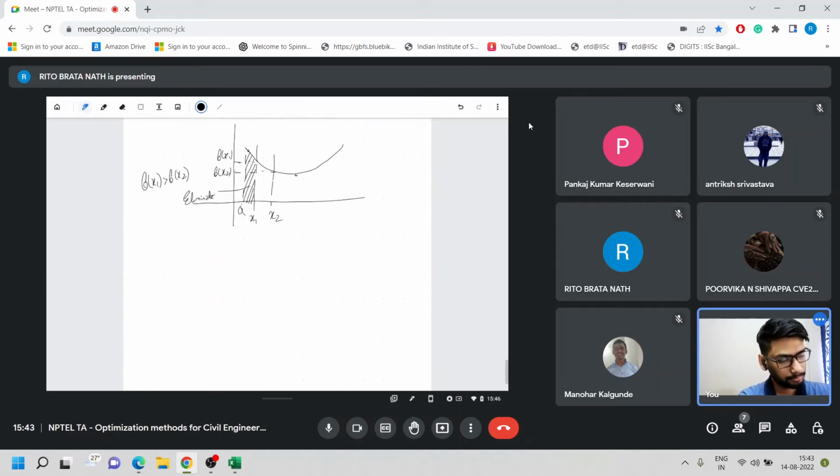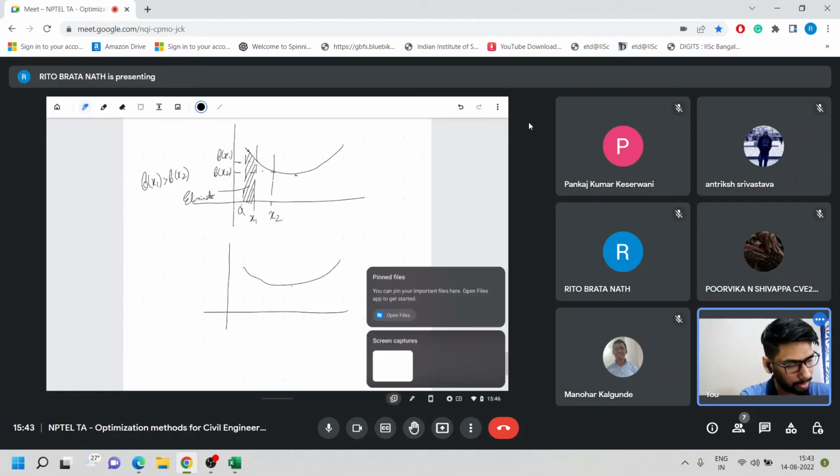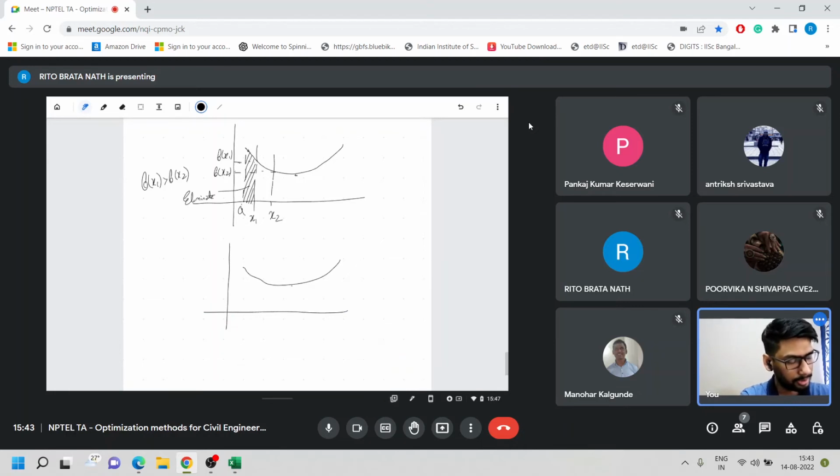Similarly, it might happen that your, or probably I have done something wrong. Let me check. Yeah, I think your x1 should be on that side only. Let me modify it a little bit.